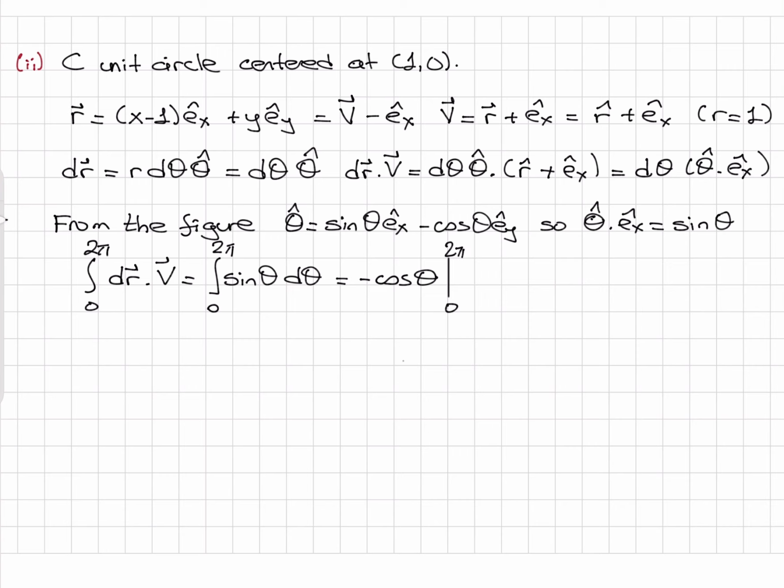Cosine 2 pi and cosine 0 are equal to each other. So we find that the closed contour integral dr dot v must be 0. So we can see this explicitly by performing the actual line integration.